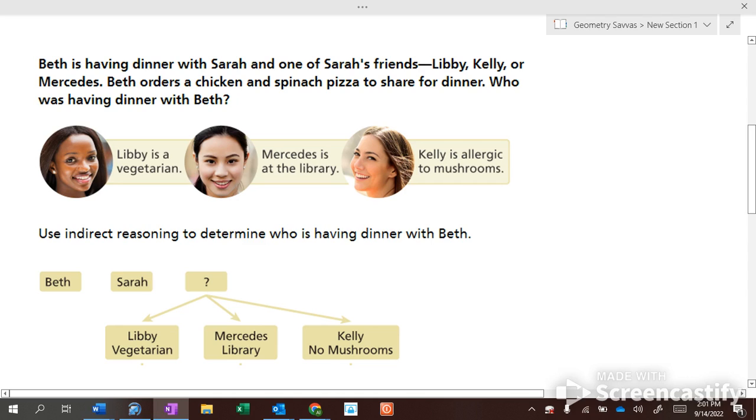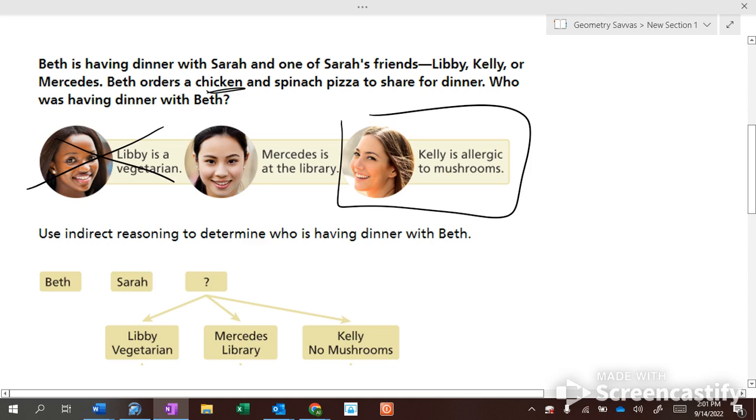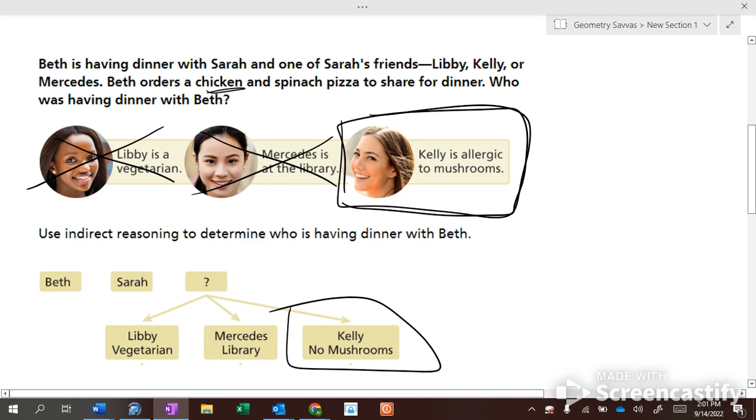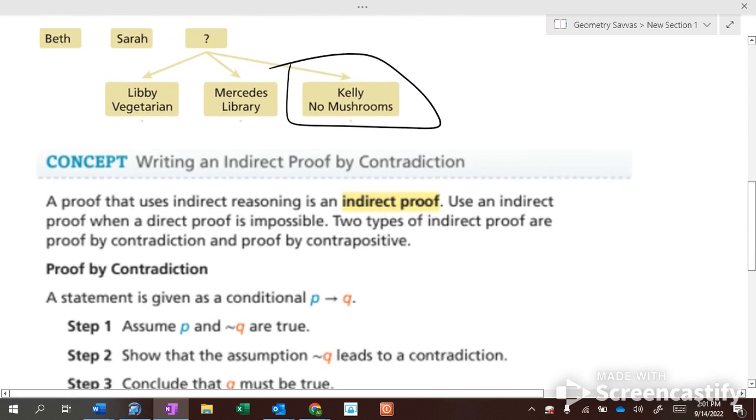So which one of those 3 is having dinner with her? Kelly is. Because Libby's a vegetarian and the pizza has chicken on it, so it's not Libby. Mercedes can't have dinner because she's at the library. Kelly is allergic to mushrooms, but there's no mushrooms on this pizza, so she's good. Okay? So that's figuring out how to determine things.